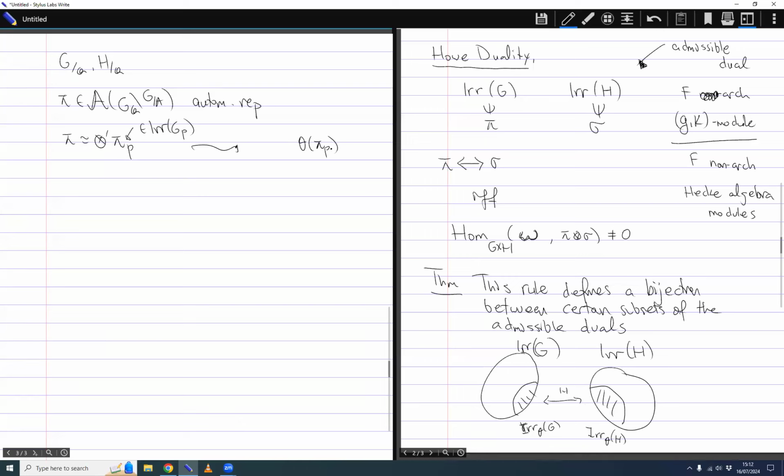And the unramification is preserved, so almost all of these local images will be unramified, so I can bundle them. And this now is a representation of the other group. And it can be shown that this is an automorphic representation if it's non-zero.